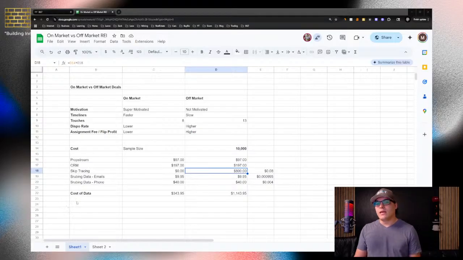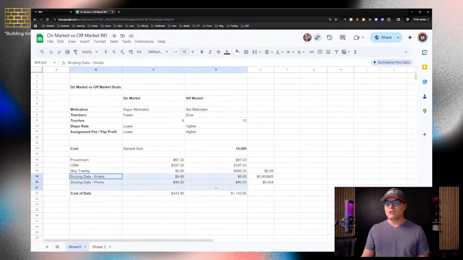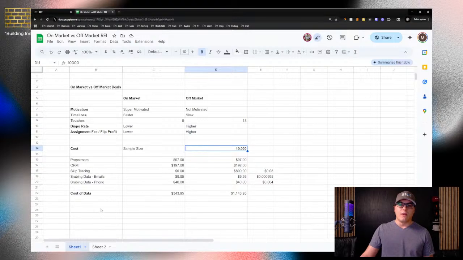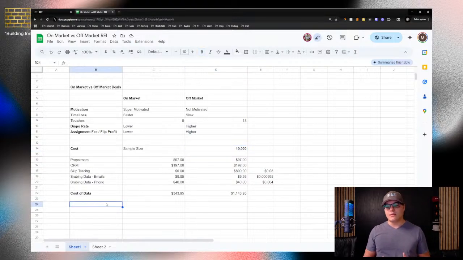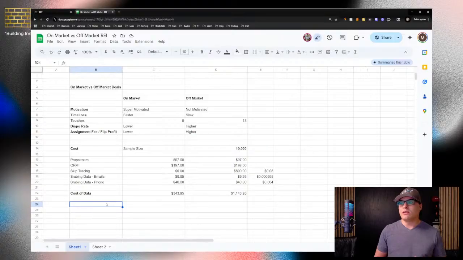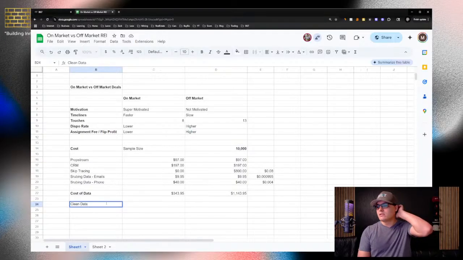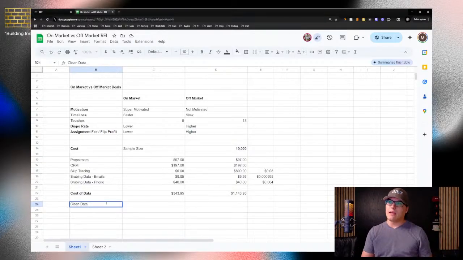But one thing we have to realize is that when you're cleaning this data, you're no longer left with 10,000 as your sample size, because you just cleaned it. That data is unavailable. Phone numbers are wrong, emails are wrong. So the clean data that you have inside your system is more along the realm of, let's just say, through experience, even on a high-case average, maybe around 60% that is really valid.